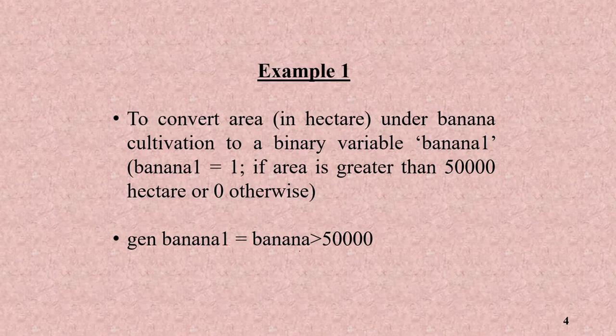Now select the old variable banana and then put the condition, that is greater than 50,000. And then if we click enter, it will automatically create a new variable banana1, which is a binary variable in nature.